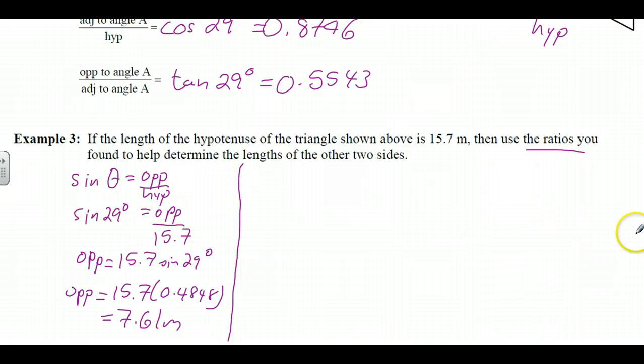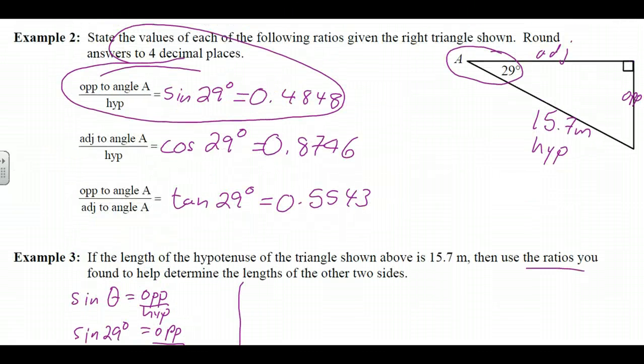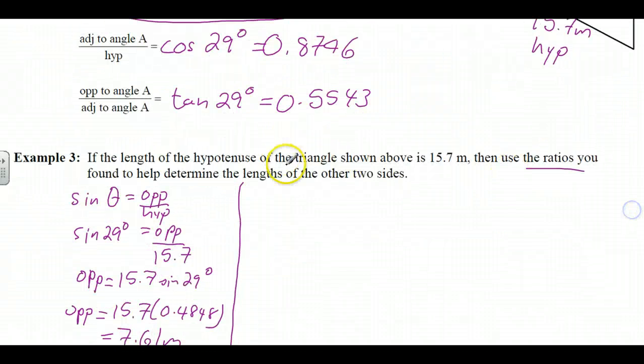If I want the adjacent side, so let's go back up here. I want adjacent. I know hypotenuse. This is the number we're going to use, so we're going to use adjacent over hypotenuse, which is the cosine, 0.8746. So cos A, let's write it out.